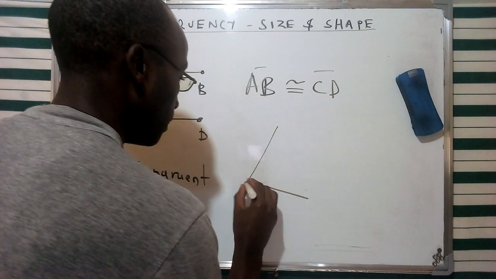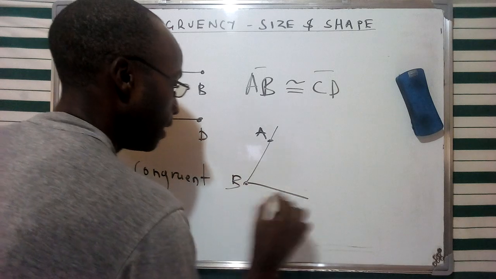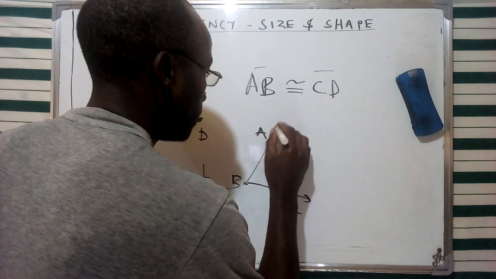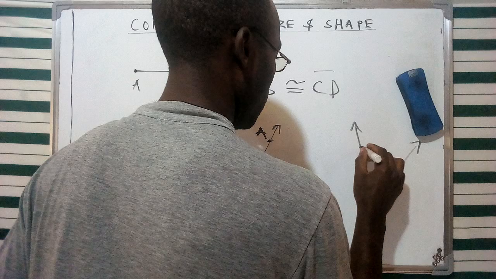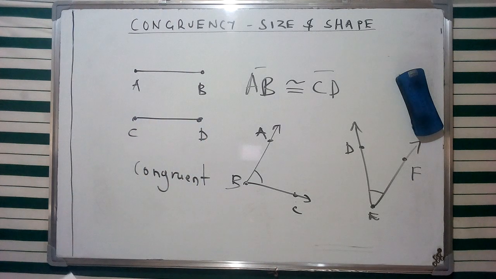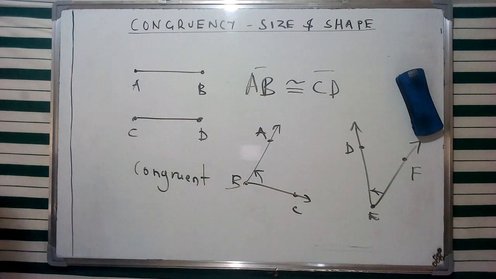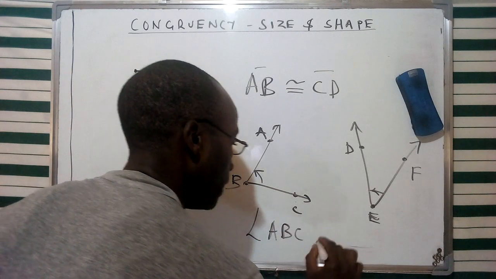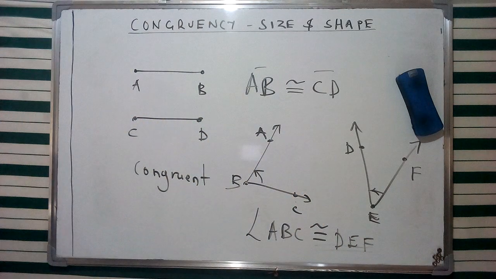If we have two rays sharing a common point, say this is A, B, C, these are two rays for ABC, and in another illustration, D, E, and F. Suppose we have two angles prescribed by these rays, we can say that the two angles are congruent by giving it as angle ABC is congruent with angle DEF. That's a description for angles.